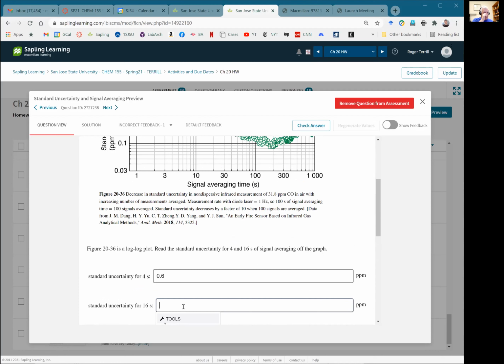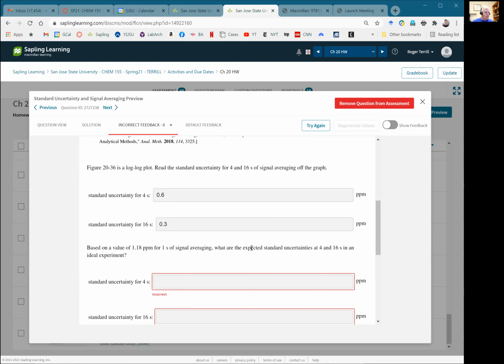And then for 16, it should be half of that, right? Going from 4 seconds to 16 is a factor of 4 increase in the time. The square root of 4 is 2, so that should improve our noise by a factor of 2. Let's see if these are right. Yeah, these are both right.